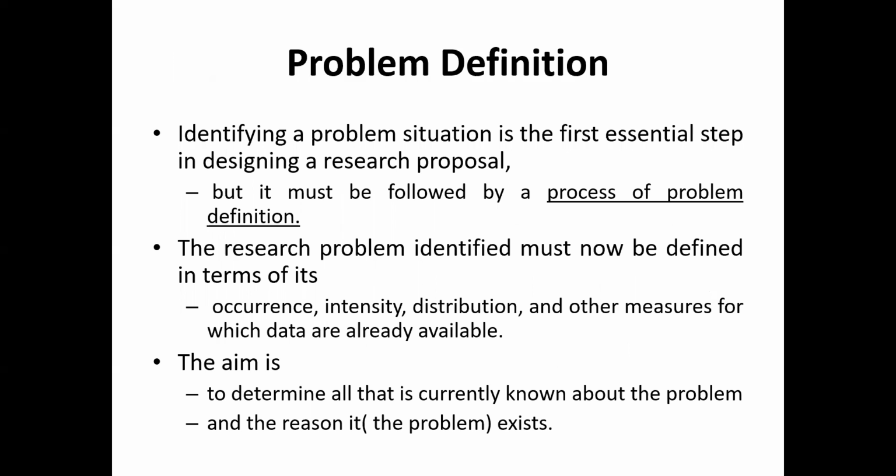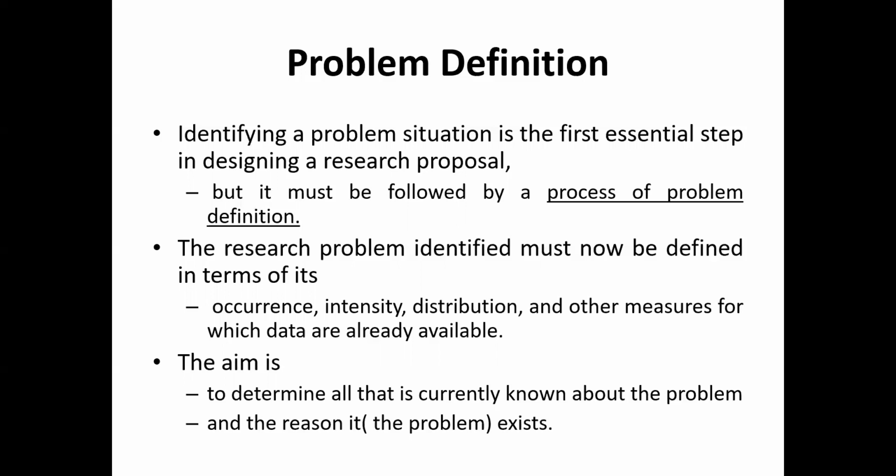So identifying a problem is the first essential step in designing a research proposal. It must be followed by a process of problem definition. You need to define your problem. The research problem must now be identified in terms of its occurrence.